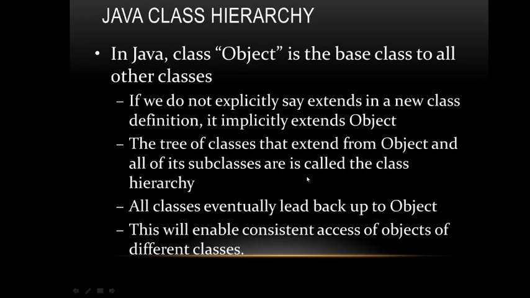All classes eventually lead back up to Object, and this enables consistent access of objects of different classes. Ultimately, what is the meaning of this Java class hierarchy? That means Object is the base class to all other classes.